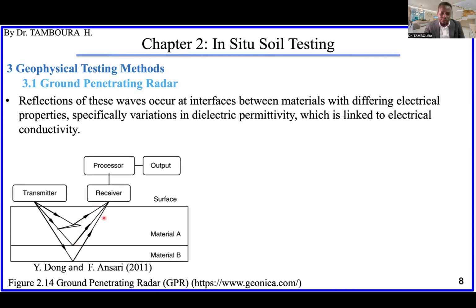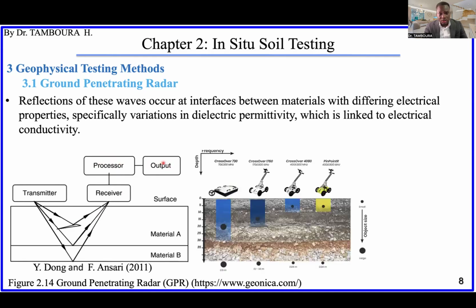If the wave encounters a soil change, like a layer change or any obstacle, it will reflect the wave and change the direction, going to the receiver. Then the processor produces the output, and you will see the output.